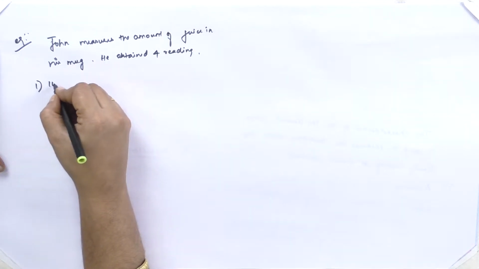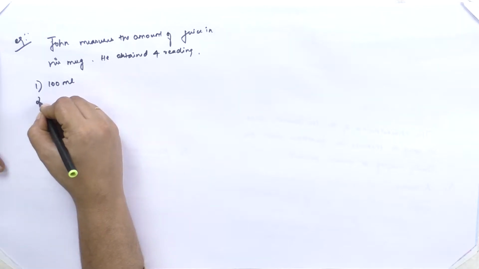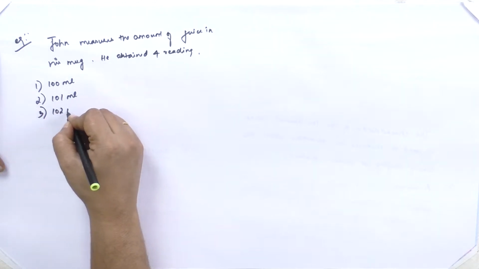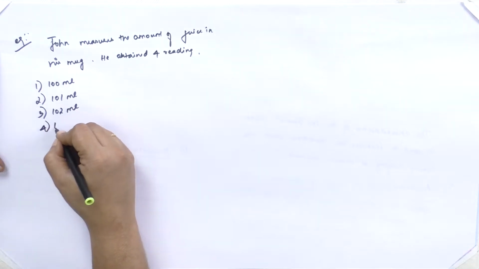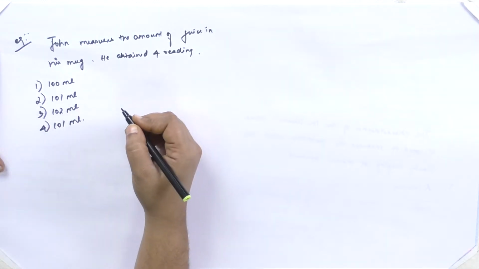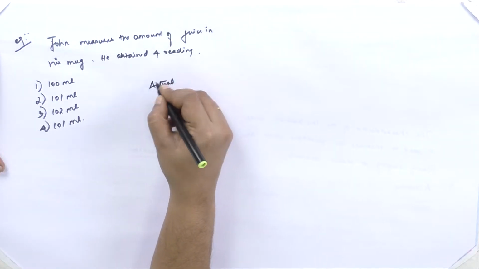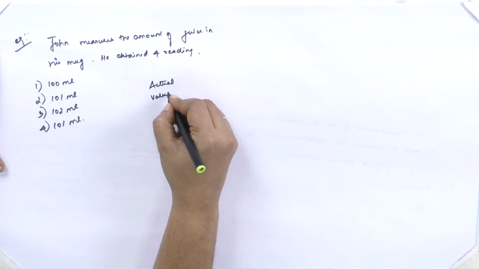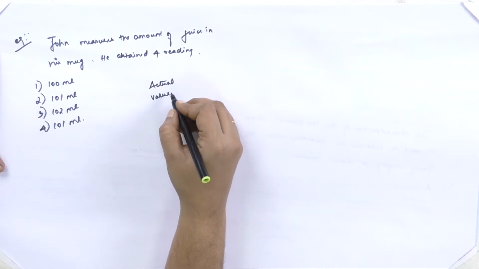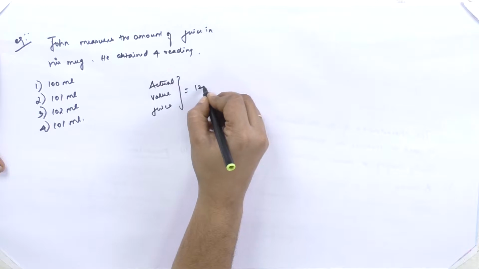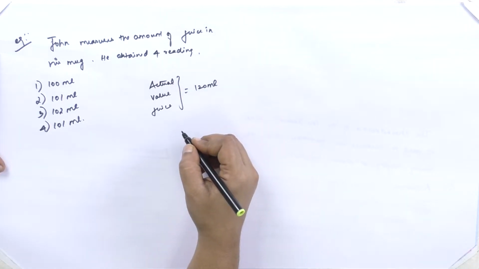The first reading is 100 ml, second reading is 101 ml, third reading is 102 ml, and the fourth reading is 101 ml. But the actual amount of juice in his mug is equal to 120 ml.